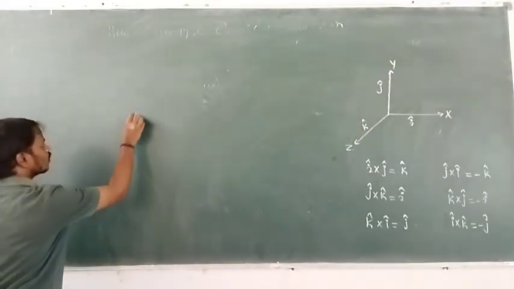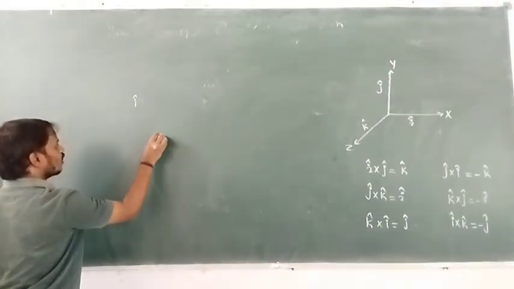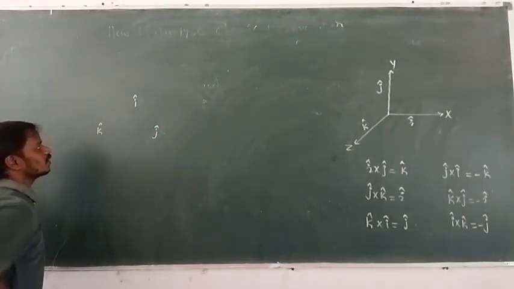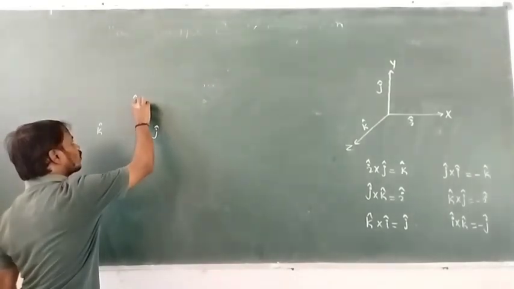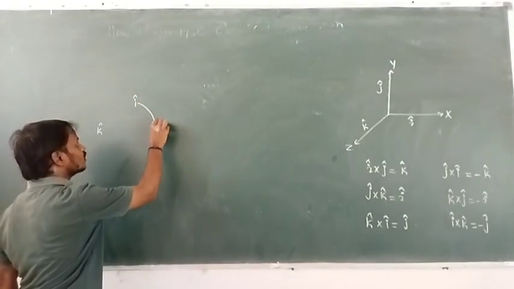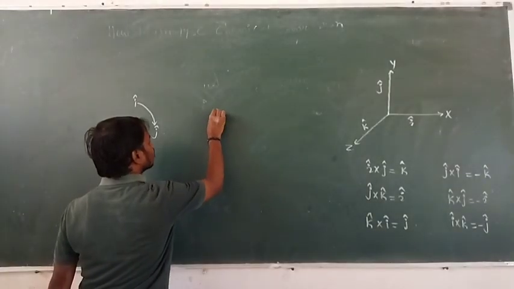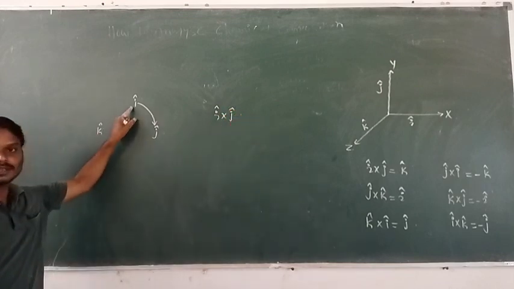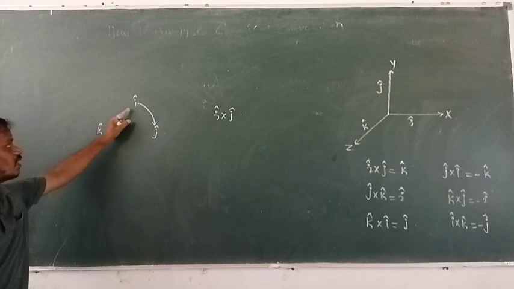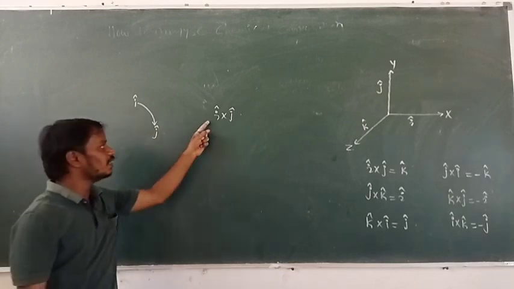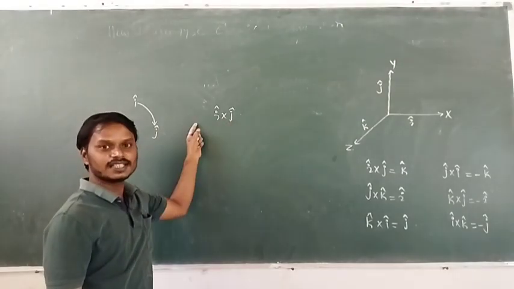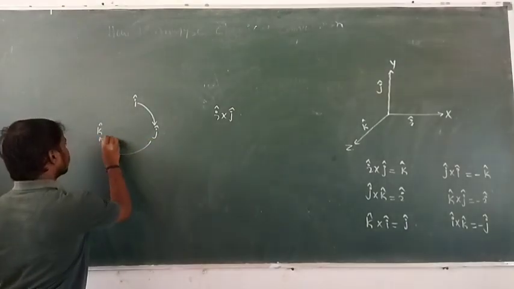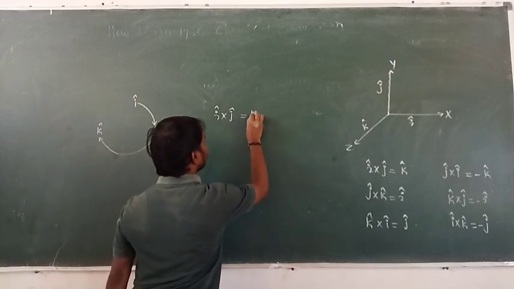Suppose I take unit vector i, unit vector j, and unit vector k. The cross product of i and j, meaning i to j, gives the unit vector k.